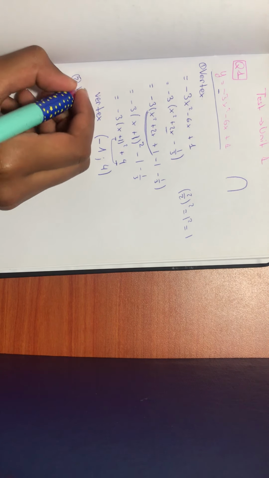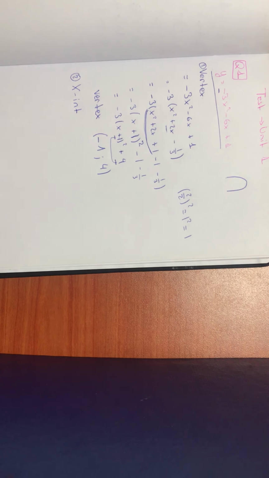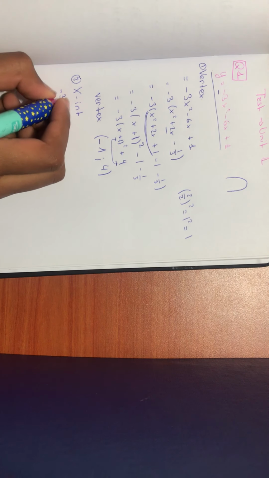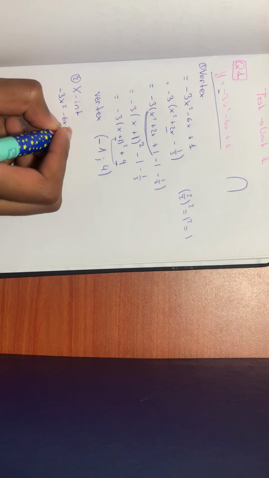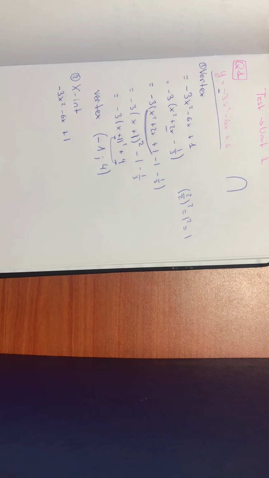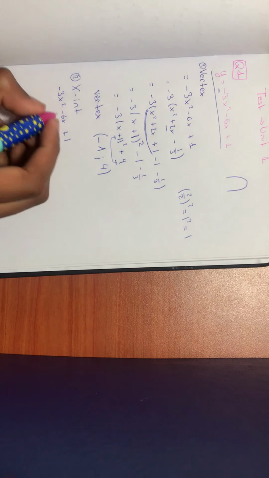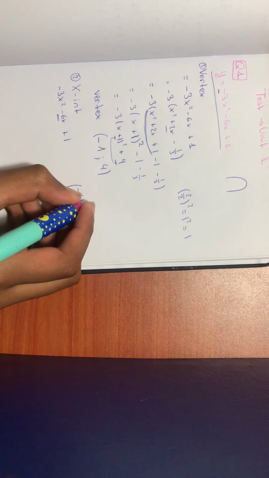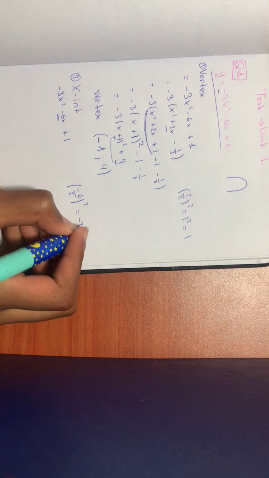So for the x-intercepts, I'm just going to rewrite my equation, which is negative 3x squared minus 6x plus 1. And then, sorry, I'm going to first factor it. So I'm just going to complete the square again. So I'm going to take this value, put it in brackets, so negative 6 divided by 2 squared, which is negative 3 squared, which is equal to 9.